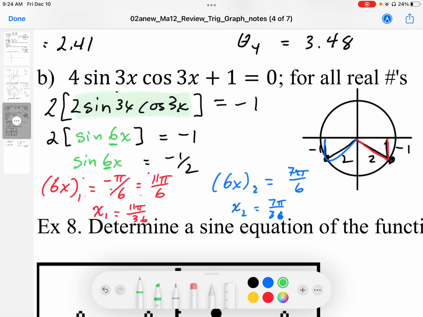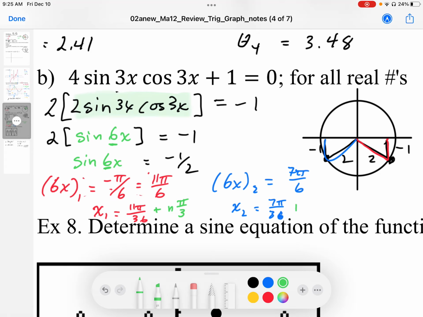So if the horizontal compression is 6, then the period is going to be 2 pi over 6, okay, which is basically going to simplify to pi over 3. So these solutions are going to repeat themselves every pi over 3. And it's basically 2 pi over 6 simplified, and divide by 6 because it's a horizontal compression by 6.